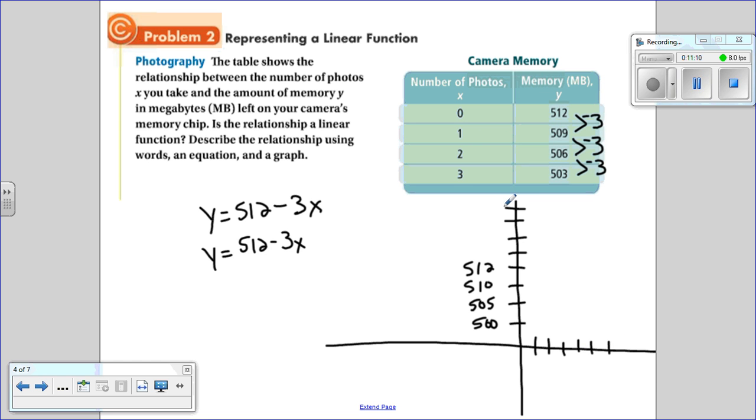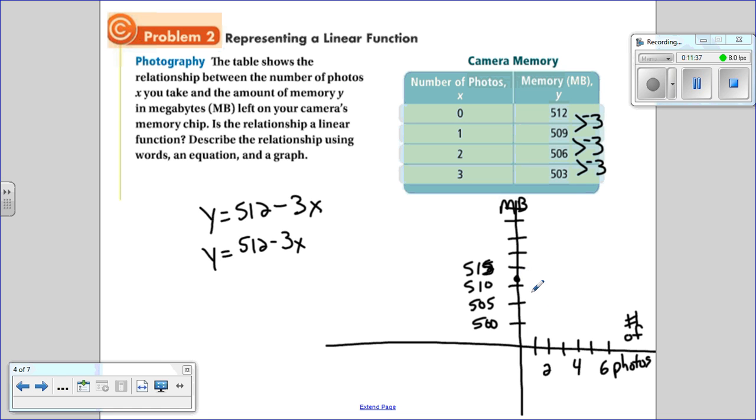So this is the megabytes left, and this is the number of photos. So when we've taken 0 photos, we start at 512. Sorry, that should have been 515. Having a rough time. Should have been 515 there, so 512 is about right here.